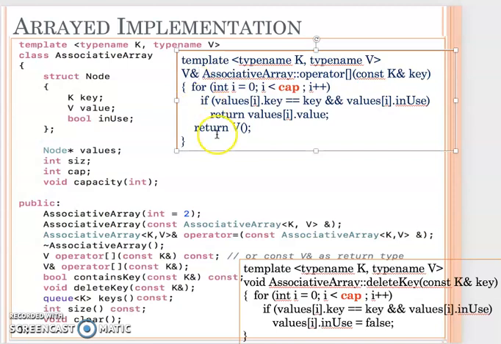Okay, so the square bracket setter function, the same thing, I need to try to find that. If I find the key and that's in use, so then I just need to return the node value. So then you see, because I'm passing by reference, so that's why they will assign the value. However, if I didn't find that, what should I do?